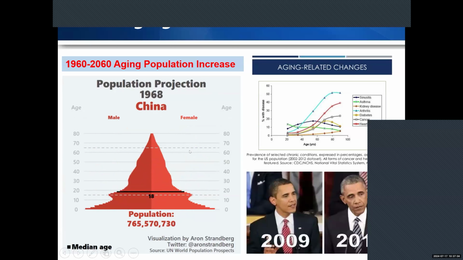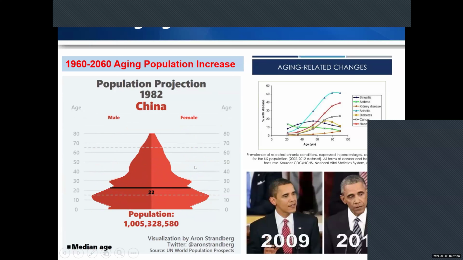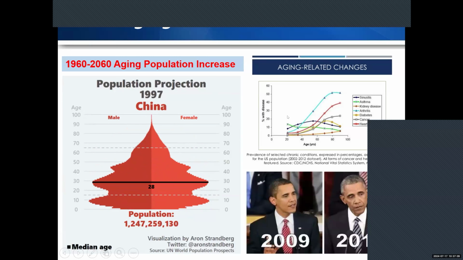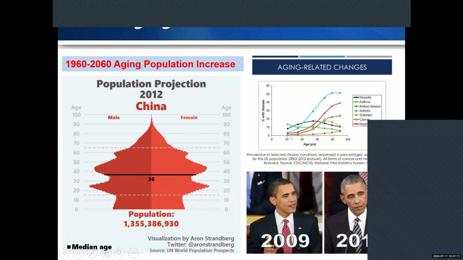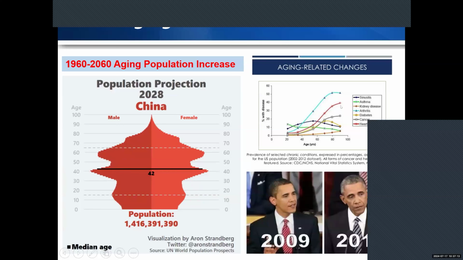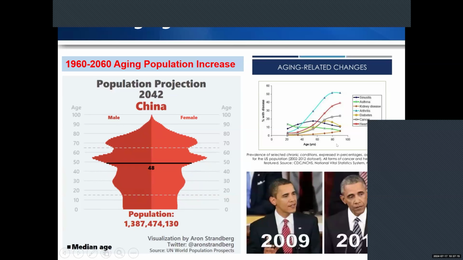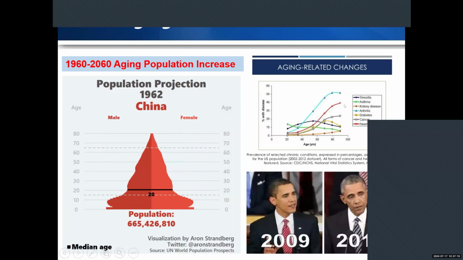So the whole generation is actually getting old. And related to aging, there are many aging-related diseases, especially brain-related aging diseases like neurodegenerative disease and Alzheimer's disease.